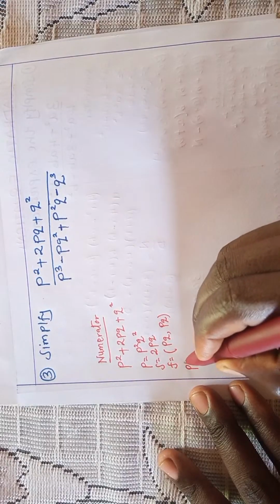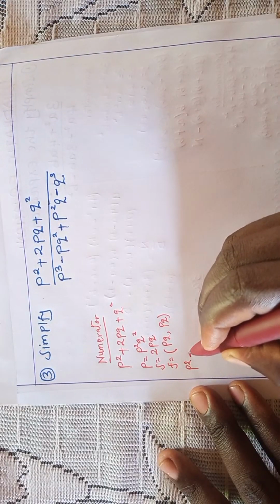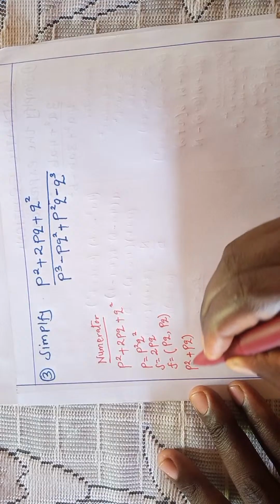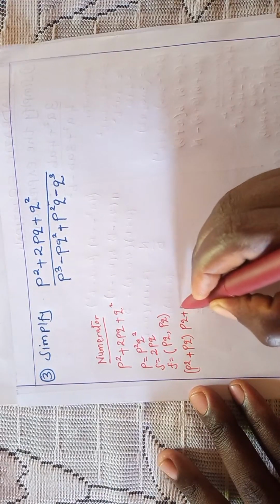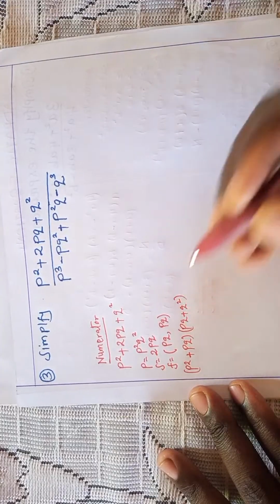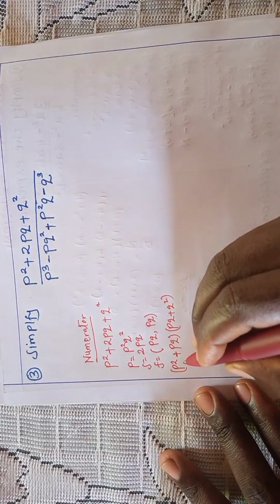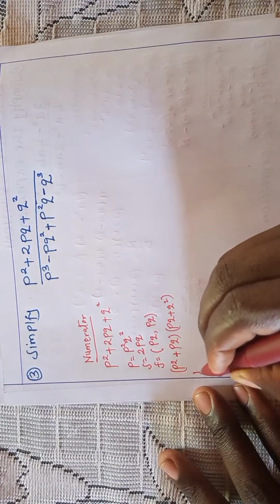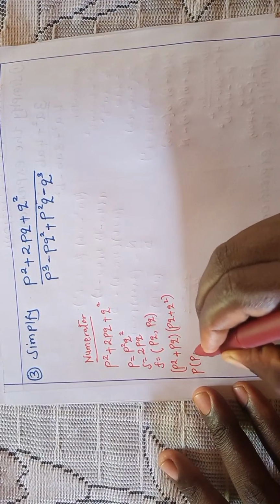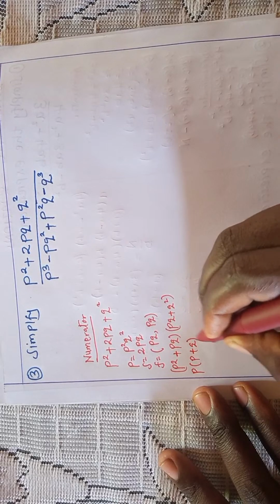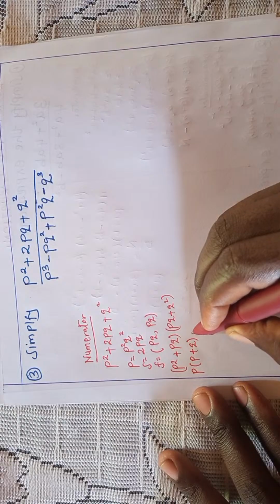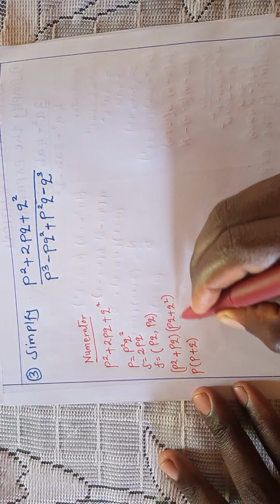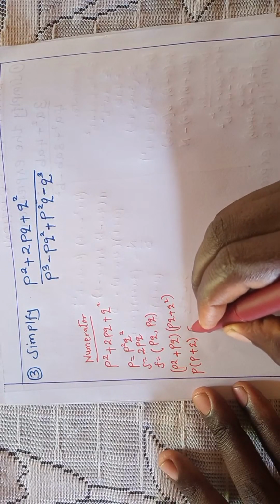Now p squared plus pq, and then we have pq plus q squared. What are we going to get? We obtain the common factor, which is p. You multiply by p plus q, you are going to get what we have in this bracket. Also, the common factor in the second bracket is q.